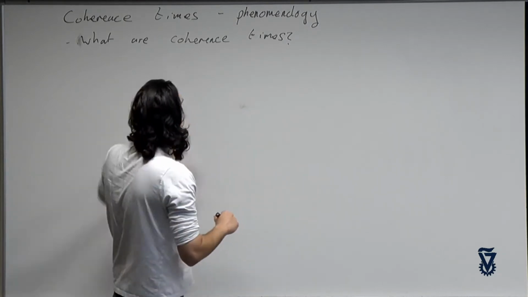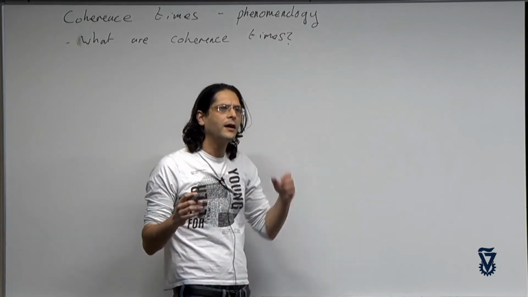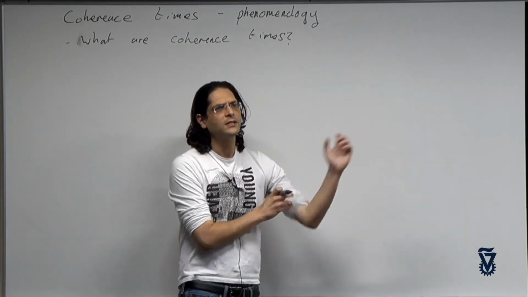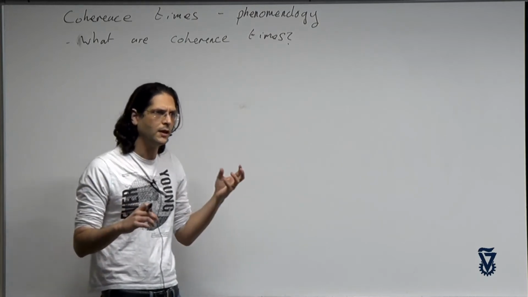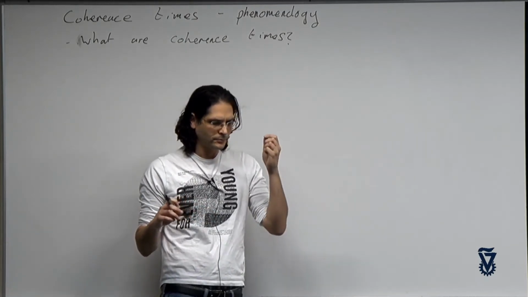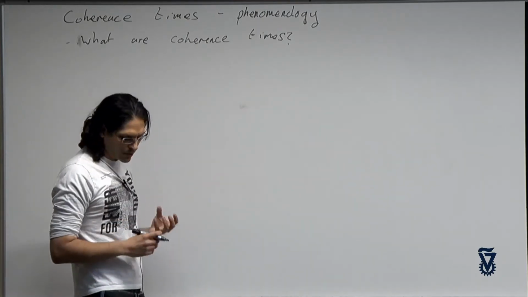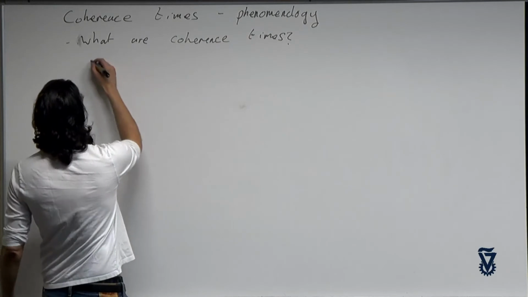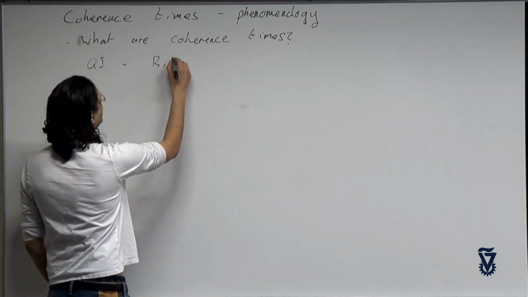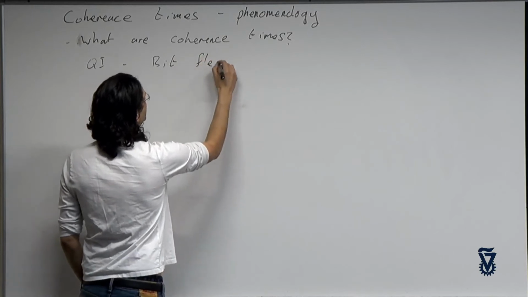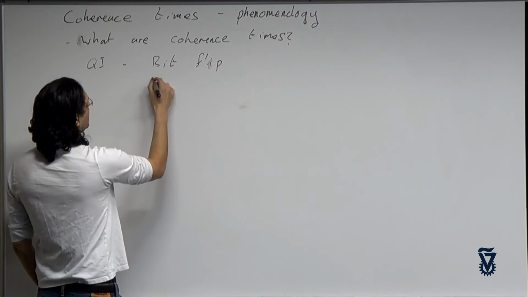Okay, so coherence times refers to several processes where we lose the information that is encoded in our qubit. In the quantum information language, you can think about a bit flip error, or a phase flip.